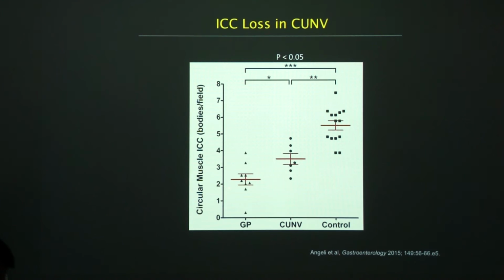So it appears as though these two, what are now distinct clinical diagnoses, may actually exist within a spectrum of the same disorder, and are actually two potentially partitioned patients from the same disorder based on a threshold of ICC depletion that ultimately results in functional abnormalities of the stomach.